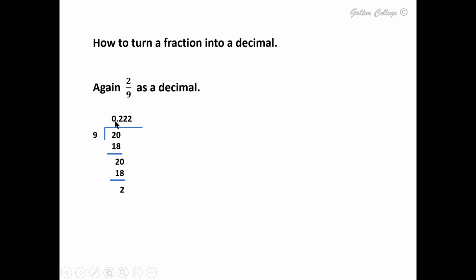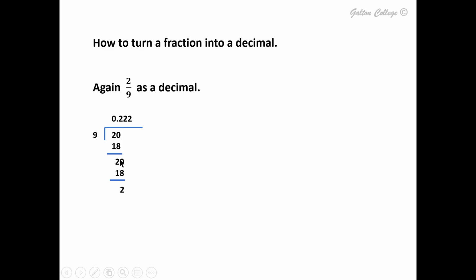0. Add a 0 at the end, so now it's 20, and put a point up there. 9 into 20. 9 2s are 18. So write the 2 as 18. Subtract 18 from 20 is 2.